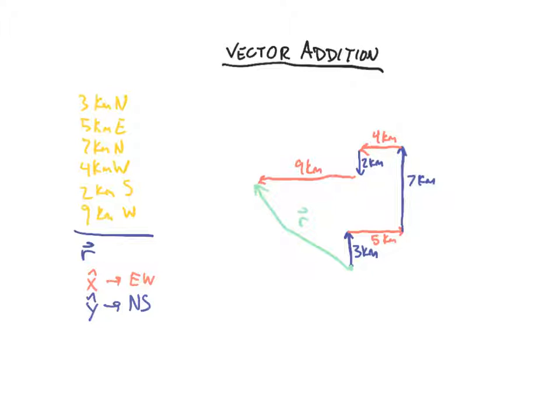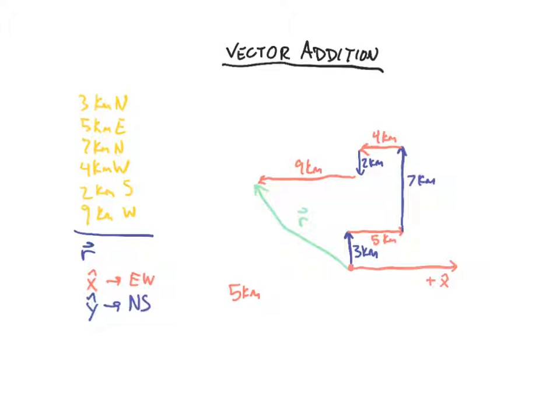So what I mean by that is we can look at the total x component, and so in the x direction, first we went 5 kilometers, and if we start here, we'll make this the origin, so we'll call this the plus x direction. And so we initially went plus 5 kilometers.